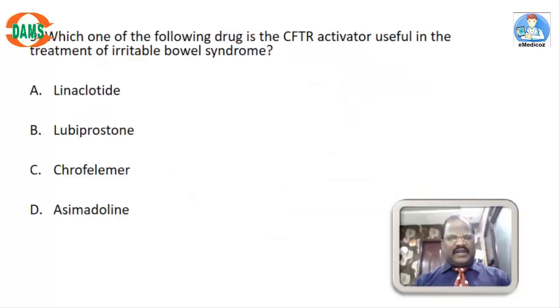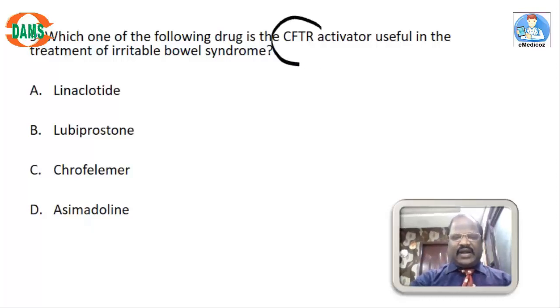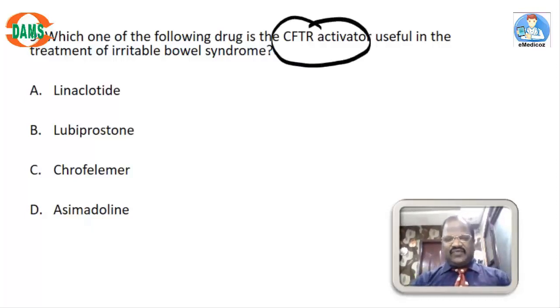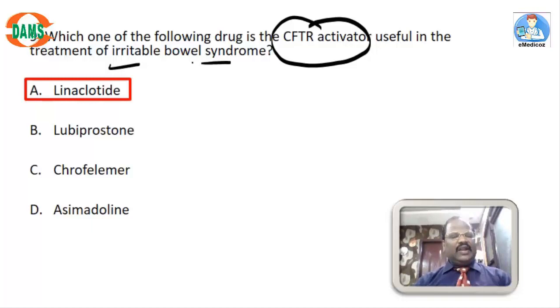Now, question number 9. Which one of the following drugs is the CFTR activator useful in the treatment of irritable bowel syndrome? Options are linaclotide, lubiprostone, crofelemer, acimidolin. Now, CFTR, the cystic fibrosis transmembrane regulator activator, useful for IBS. Answer is linaclotide.